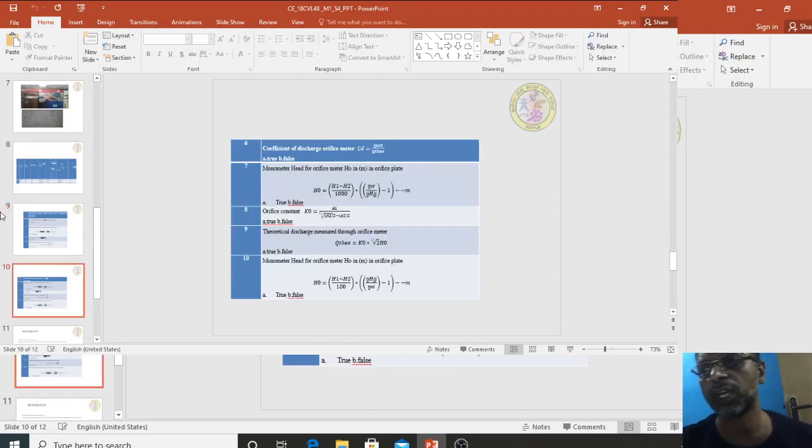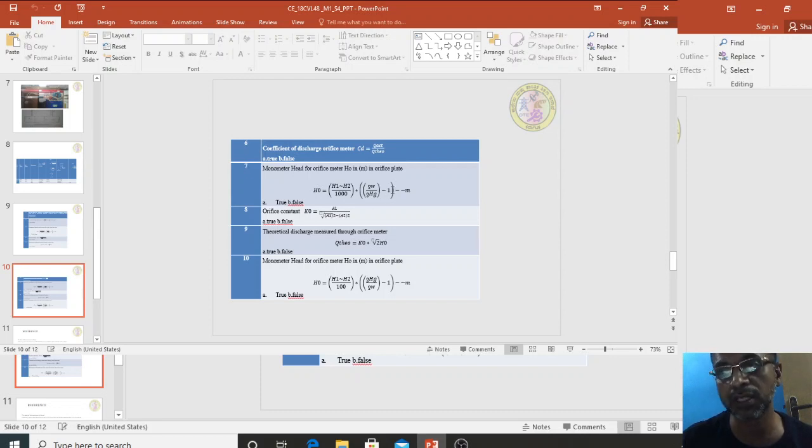Next, to calculate the coefficient of discharge through an orifice meter, we use Q actual divided by Q theoretical, therefore option A is true. Now, manometer head reading for an orifice meter H naught in the orifice plate is H1 minus H2 divided by 1000 into density of water by density of mercury minus 1.